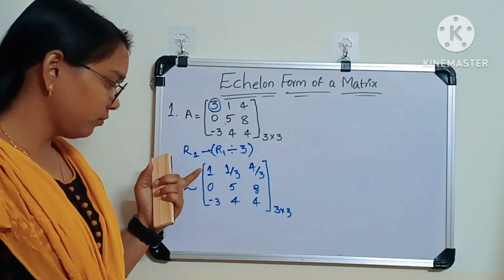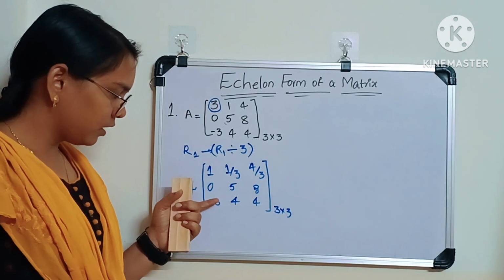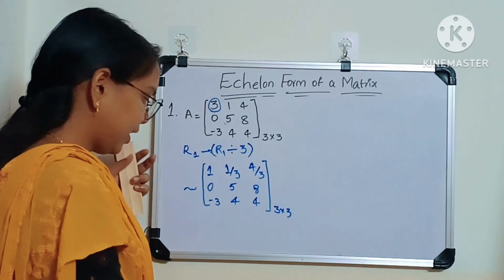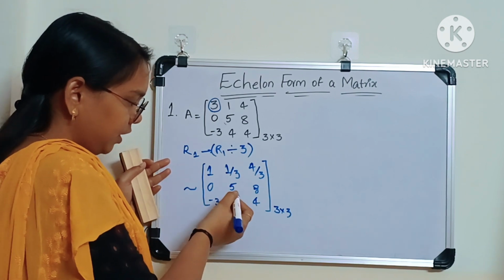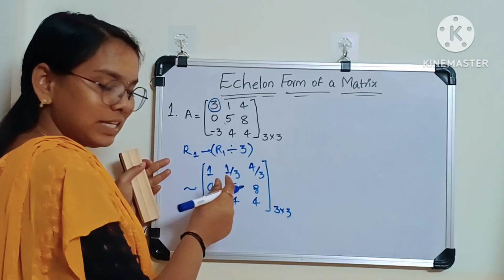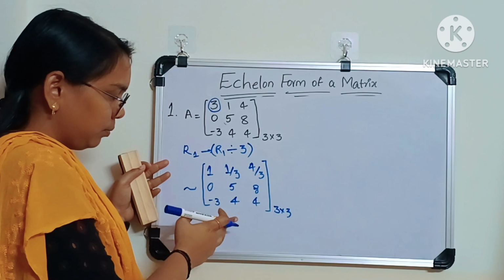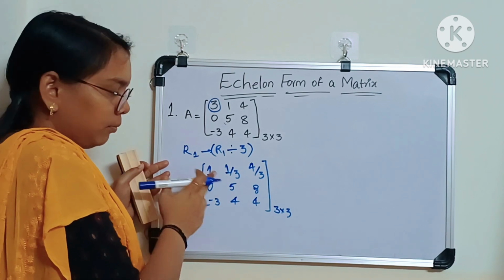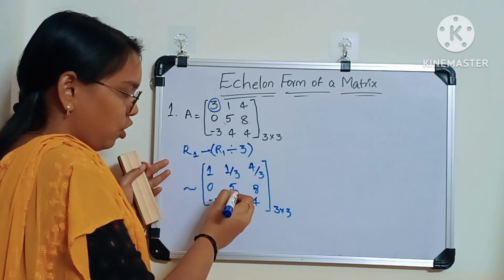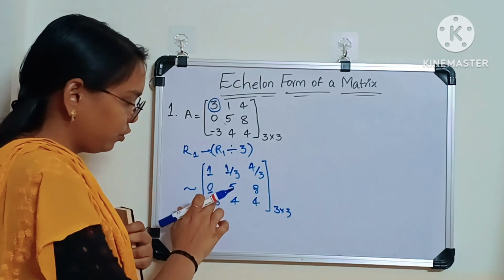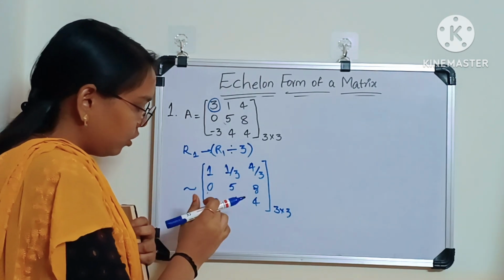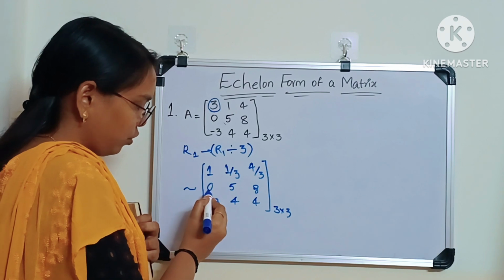Here we already have a 0 element. We can't convert this to 0 with the help of R3 or R2, because if we change any row operations with this, the numbers will change. That's why we won't disturb the row 2 operation.